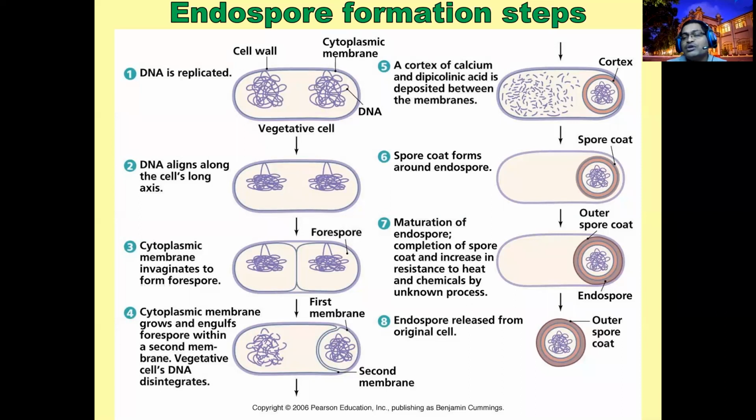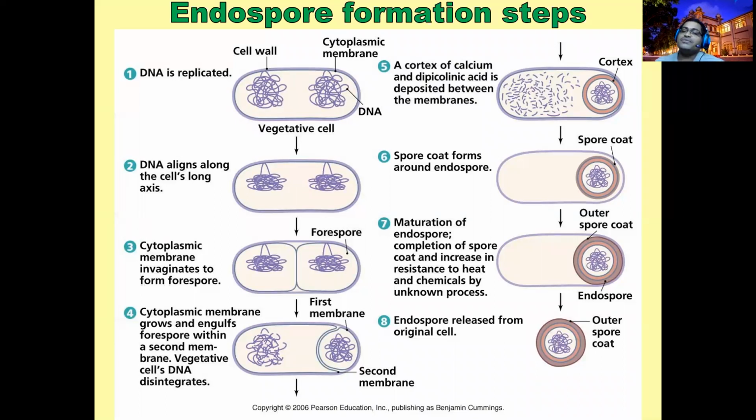If the condition is not suitable, to cope with harsh environmental conditions, these bacterial cells form the endospore. But it is not the normal case. It forms in rare cases, and not in all bacteria.